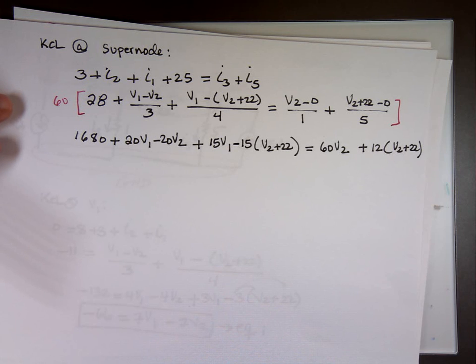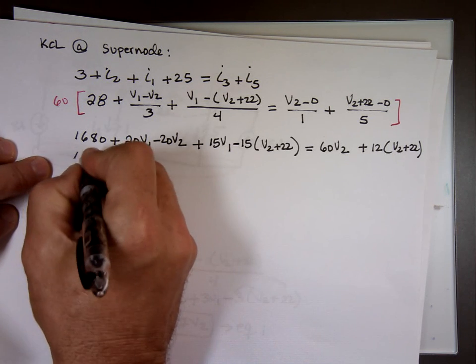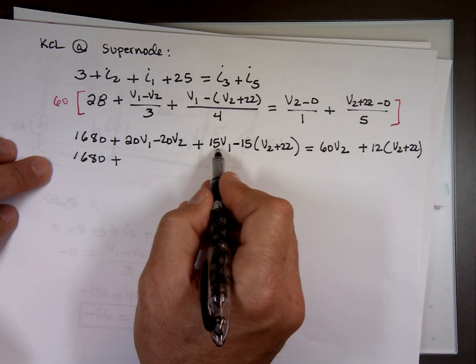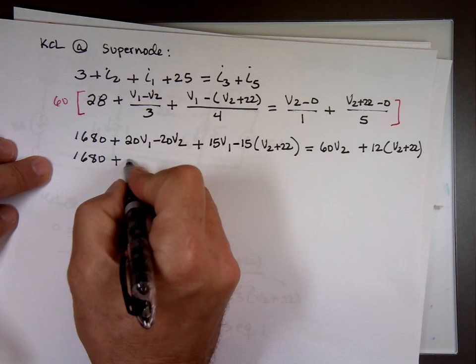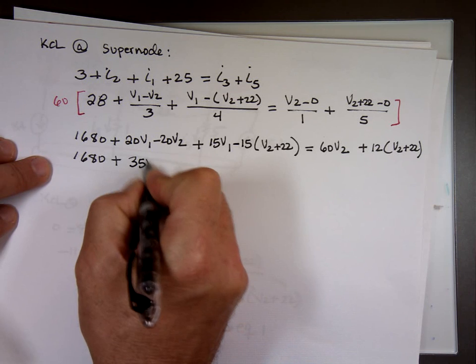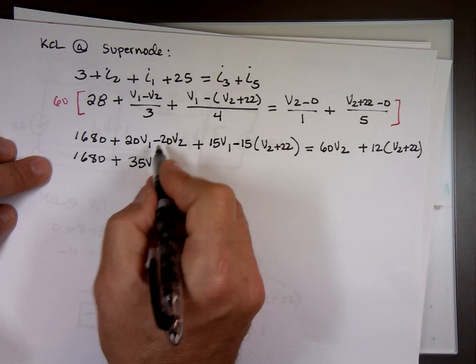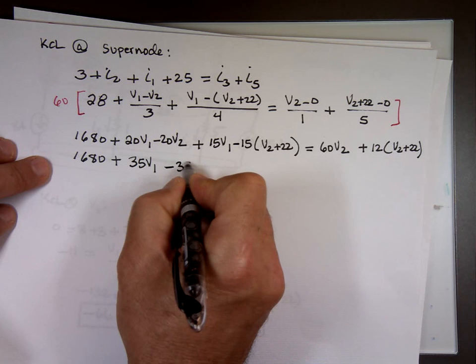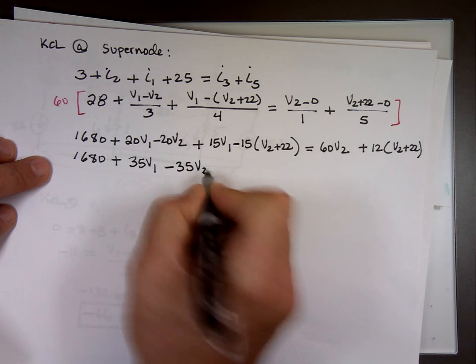Maybe I can clean some of the stuff on each side. 1680. 20 and 15, that's what? 35. V1. Negative 20 minus 15 is what? Negative 35. V2. What's minus 15 times 22?